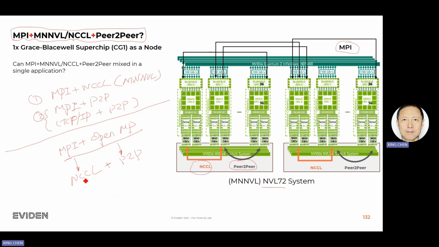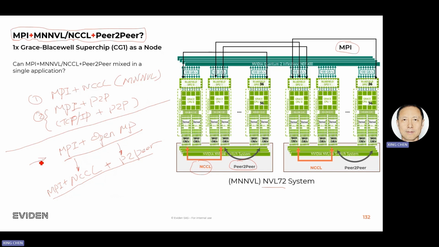And because NCCL cannot function without MPI, pretty much we need to have MPI plus NCCL plus peer-to-peer memory access.